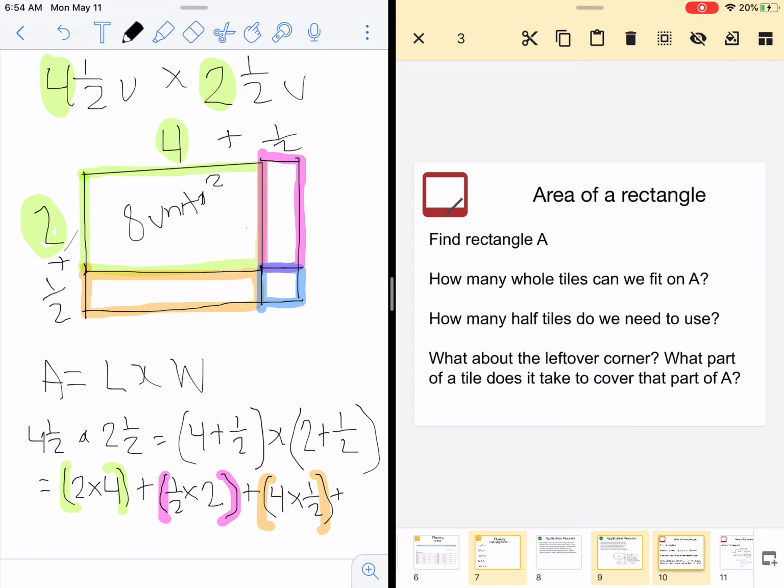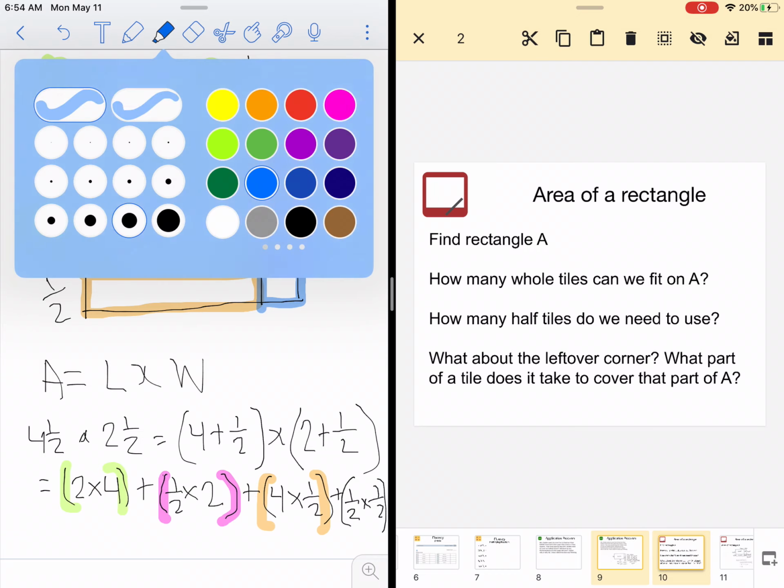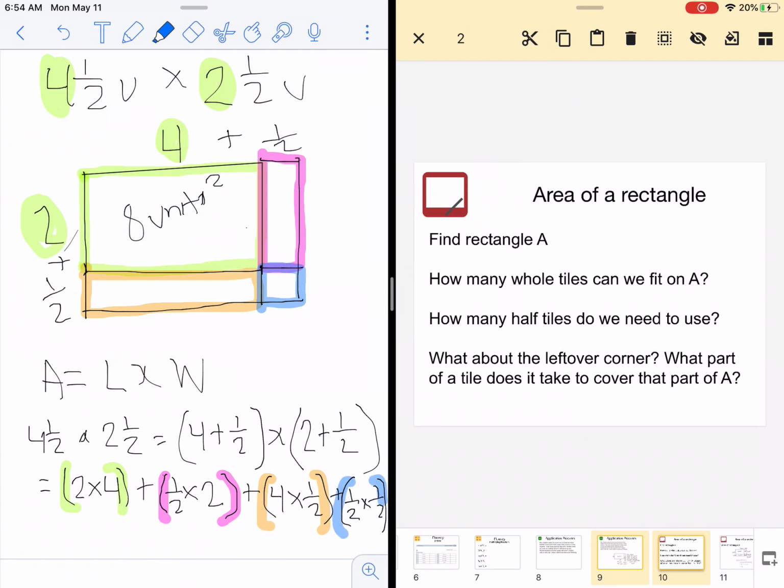Plus, that little teeny blue square in the corner is a width of 1/2 times 1/2, highlighted blue. So what we're doing is we're taking our square and breaking it down into 4 different pieces.